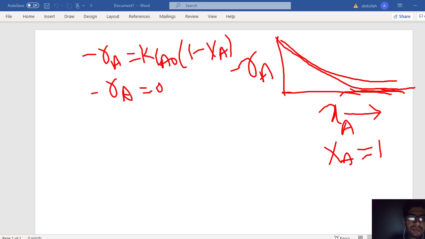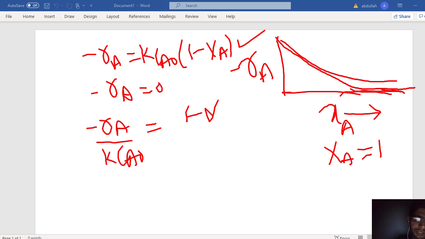Now from this relation we can also write minus Ra is equal to K Ca0 into 1 minus xa, or 1 over minus Ra is equal to 1 divided by K Ca0 into 1 minus xa.